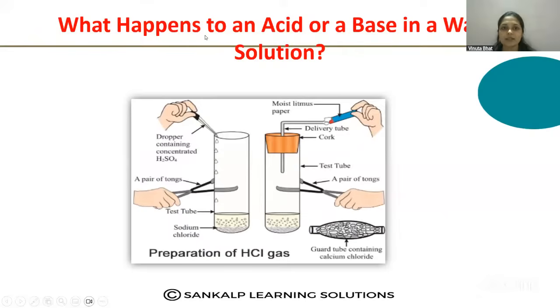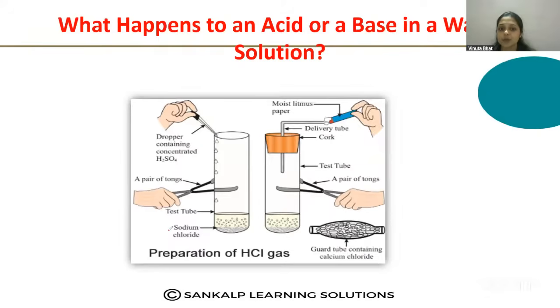What happens to an acid or base in a water solution? To check that, there is an experiment given. You have to take a test tube. This is the test tube.